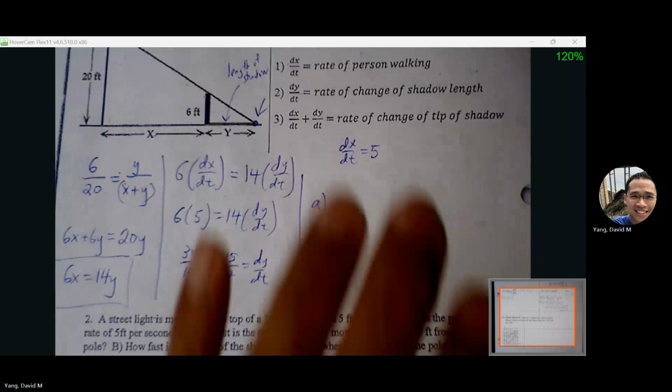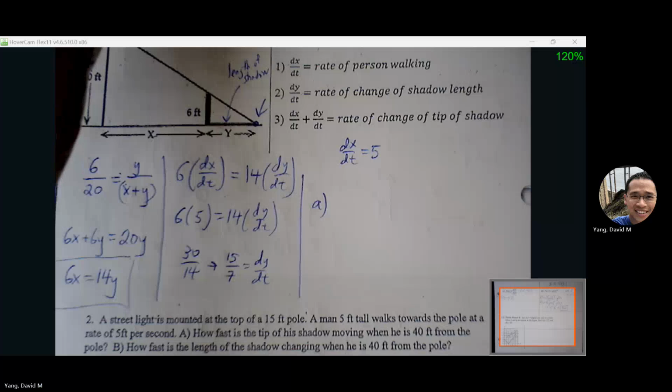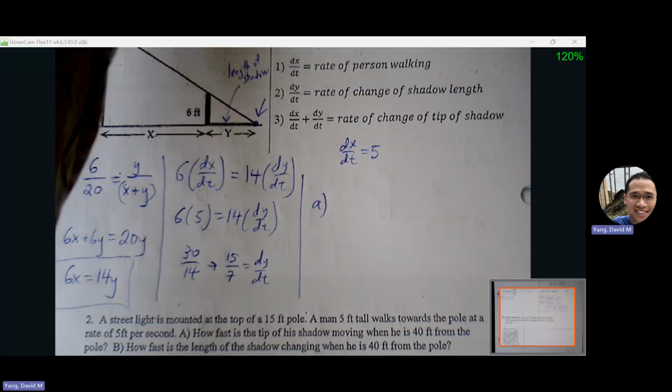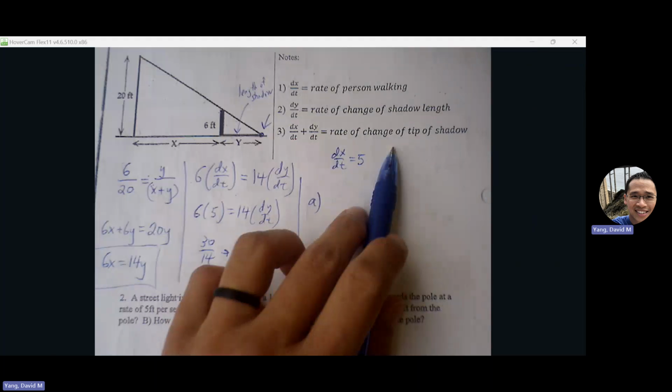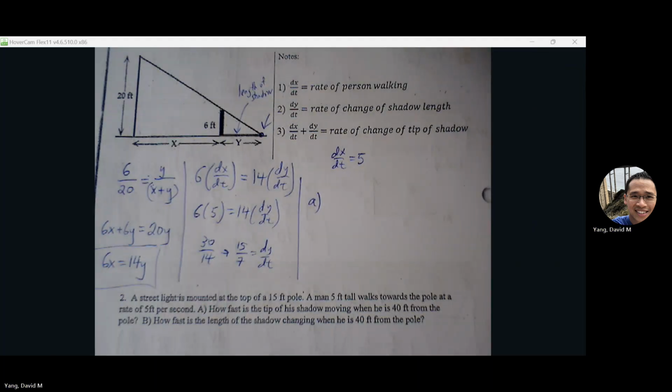So dy/dt is 15 over 7, and that is the rate of change of the length of the shadow. And then part B, I can just add the two rates together, and that'll give me the rate of change of the tip of the shadow.